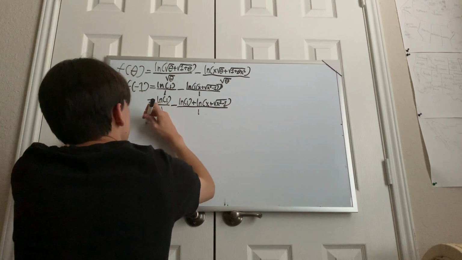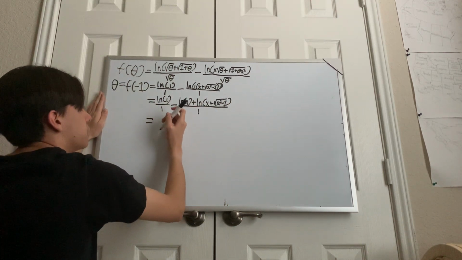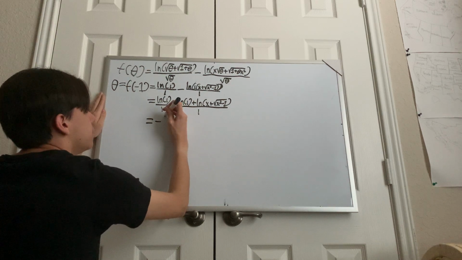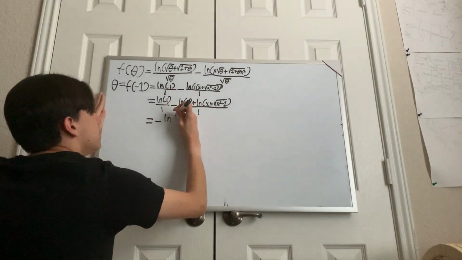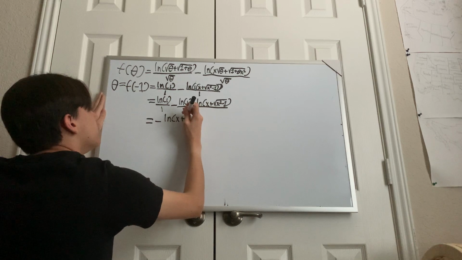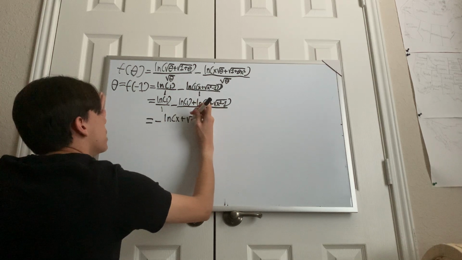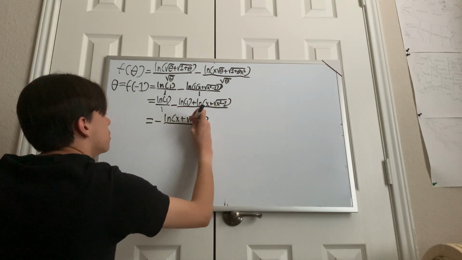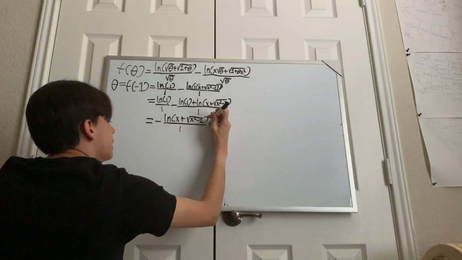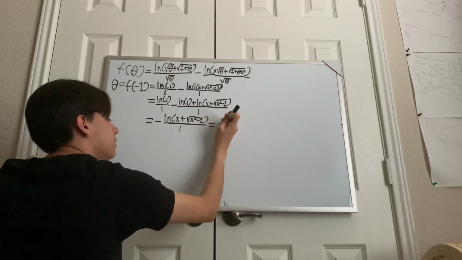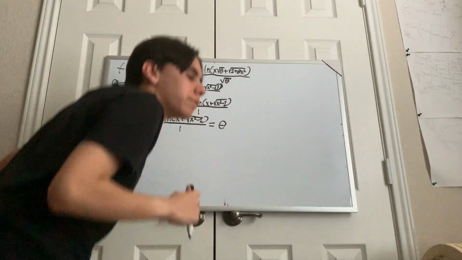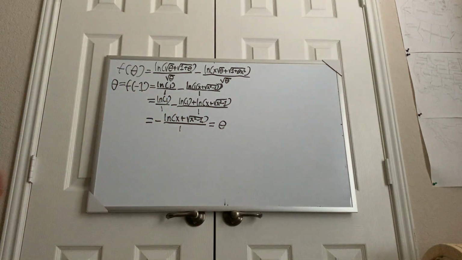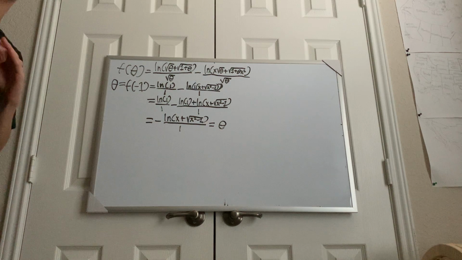And then the ln i over i's cancel out, and we get negative ln of x plus square root x squared minus 1 over i, and that's of course equal to theta. Now that we have all of this done, we can solve for x, which remember is cosine theta.